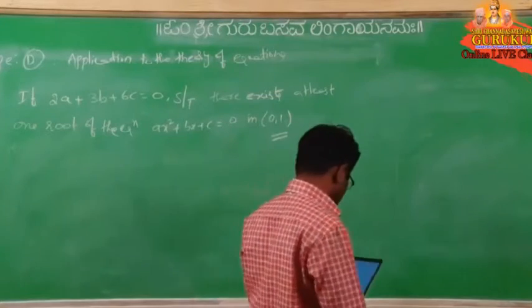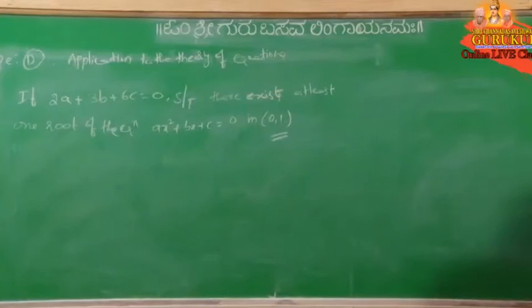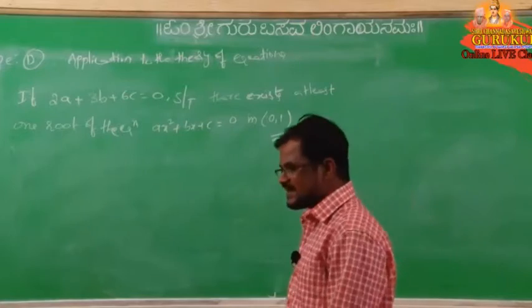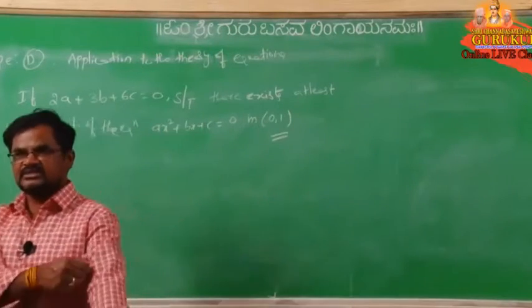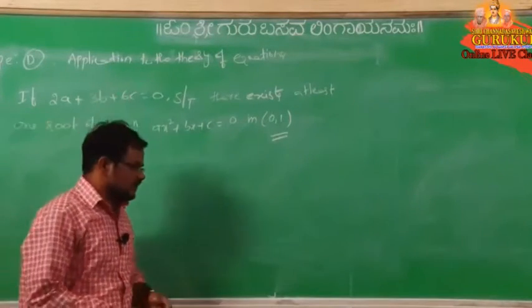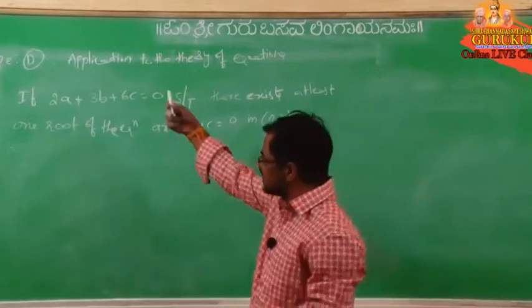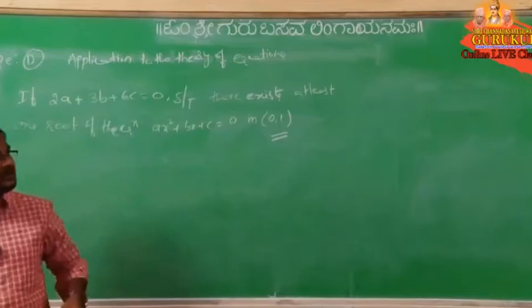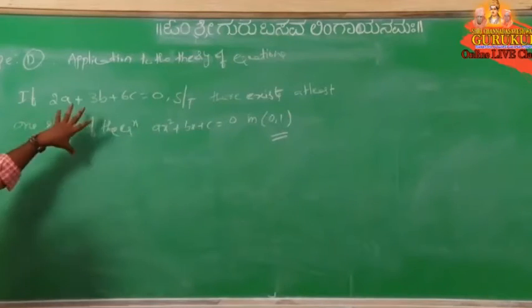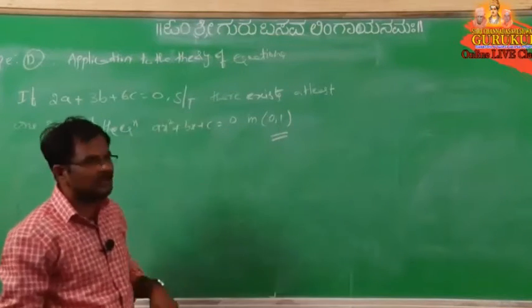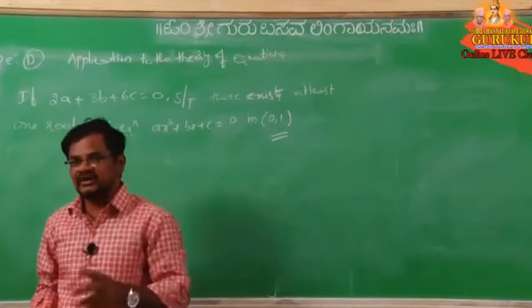So these are the most important problems. These are nothing but type C, selection of function type problems. In the theory of equations, application to the theory of equations, again, so many types are there. In that, this type of problem is selection of function.